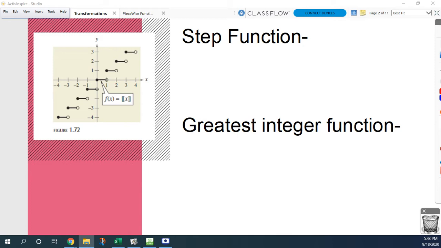So remember, we looked a little bit at what this looked like. It is also called a step function.